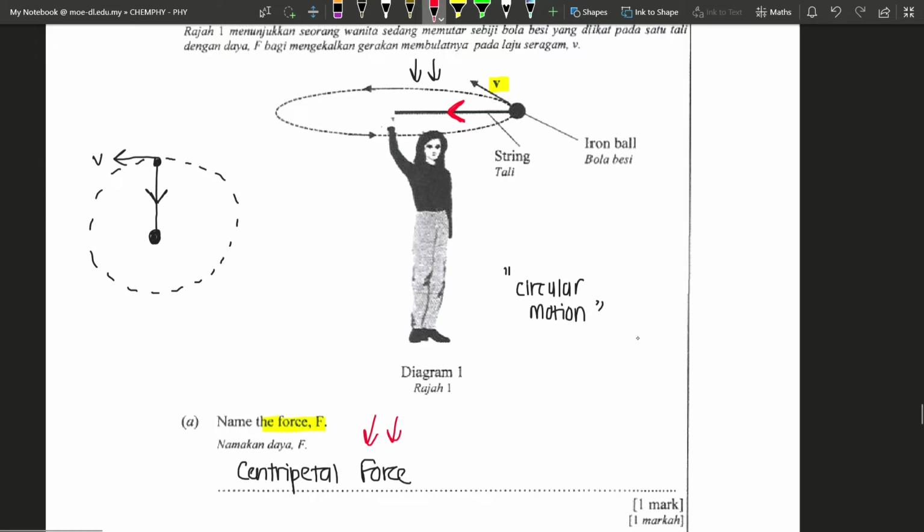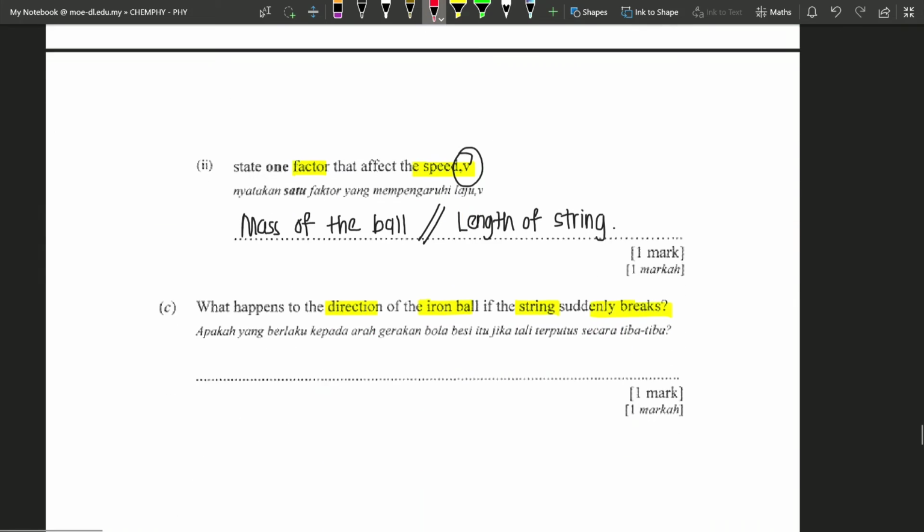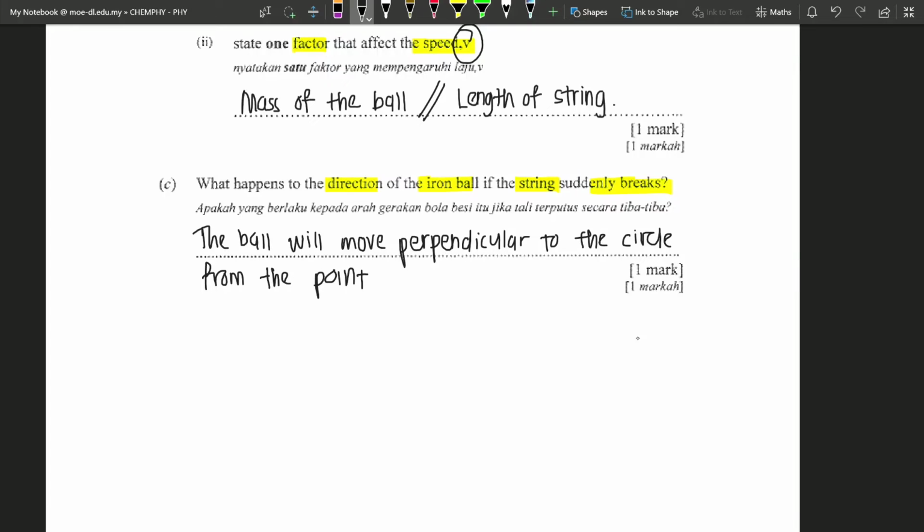So, kalau tali putus, bola ni dah tak akan bergerak dalam bentuk bulatan dah. So, dia akan bergerak ikut arah V tu dengan arah berserenjang bulatan dari point yang tali tu sendiri putus. So jawapan kita, the ball will move perpendicular to the circle from the point when the string breaks.